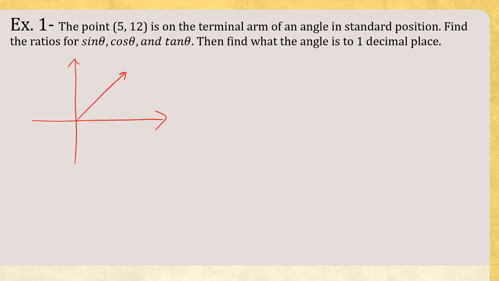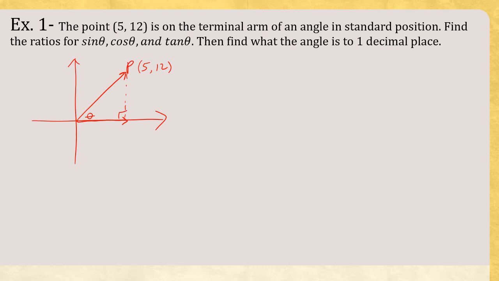So the terminal arm goes to some point P, (5, 12). Based off of the bow tie rule, we make a 90-degree triangle. Saying that the terminal arm is in standard position just means that your initial arm is there, and theta is always between the terminal arm and the x-axis, the initial arm.